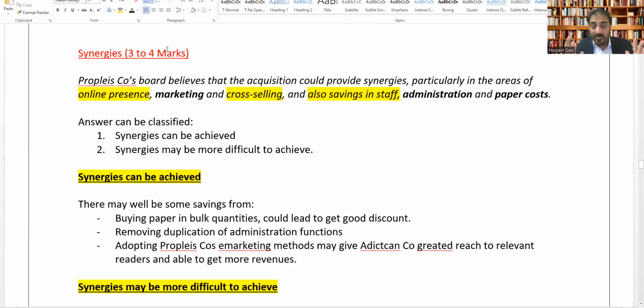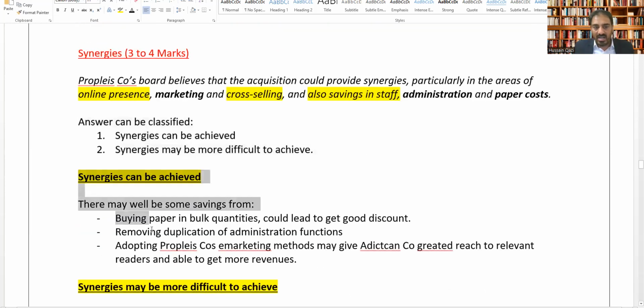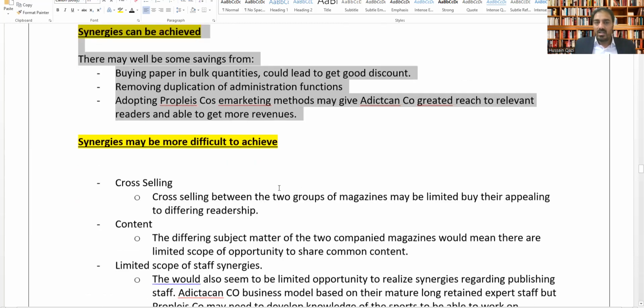Sir, these are the points for 3 to 4 marks. I must say that first of all, develop your mindset. Your direction must be clear. You can easily get 1 or 2 marks, 1 mark from this can be achieved. It's very simple.